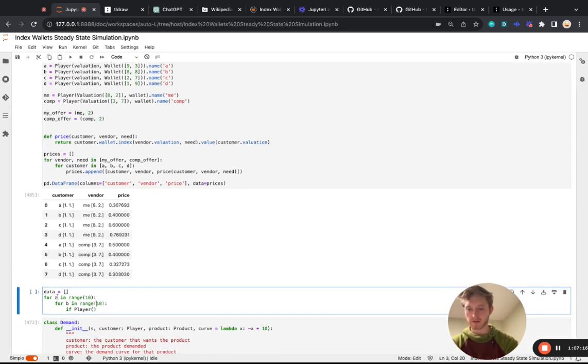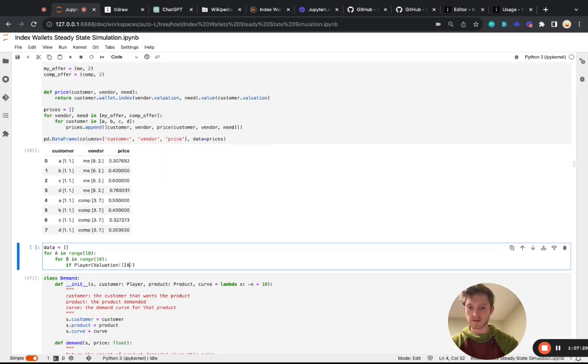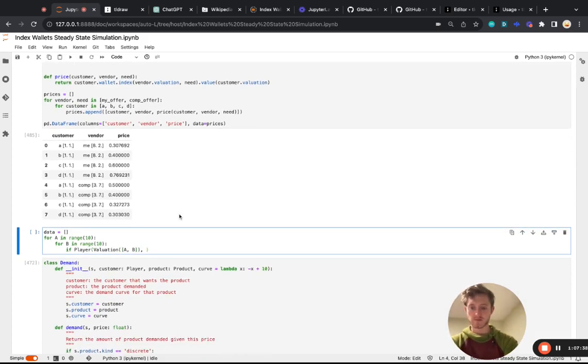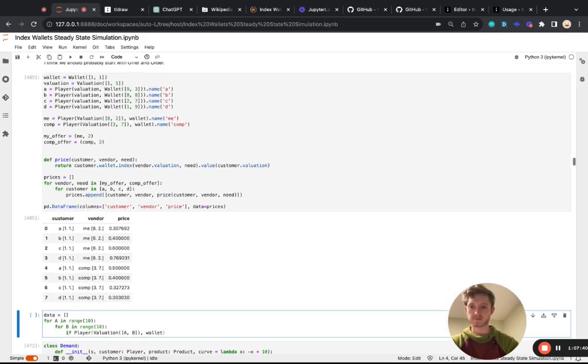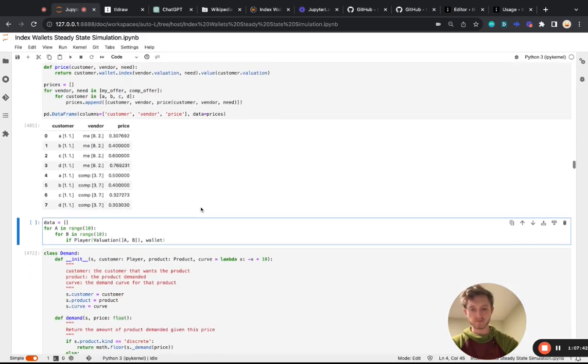We're going to call this capital A, capital B, these are our tokens. If player valuation was A, B, and wallet was wallet, because it doesn't matter.